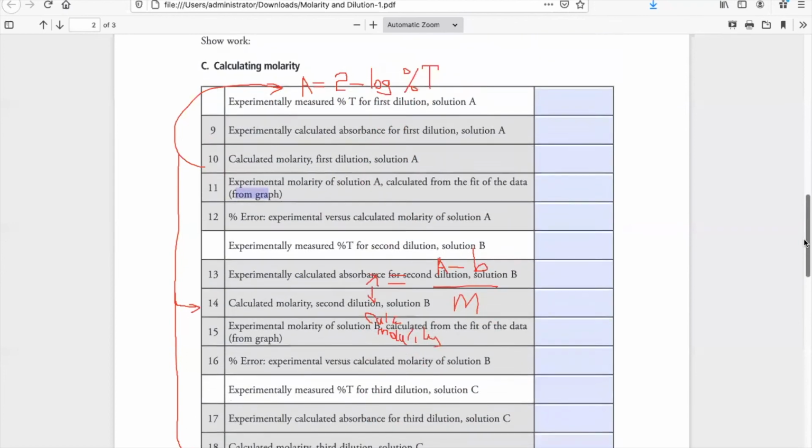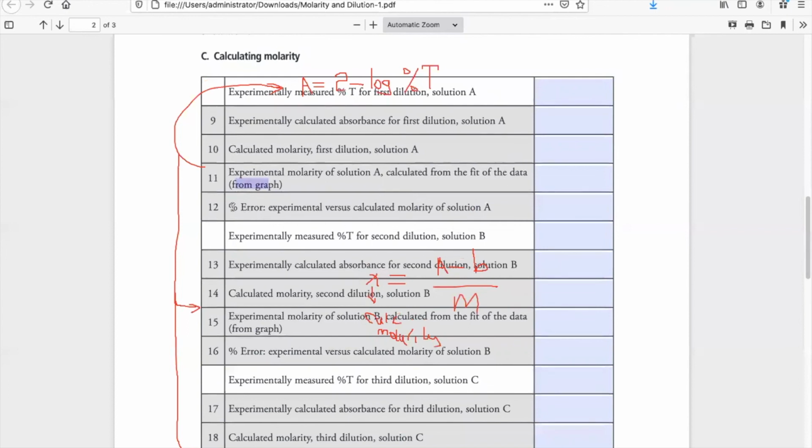Now, for percent error, you see here, percent error, all right? How are you going to calculate the percent error? Experimental molarity versus the calculated molarity. You will have calculated the molarity from here, and the experimental molarity.